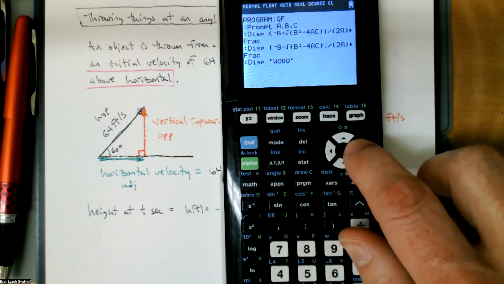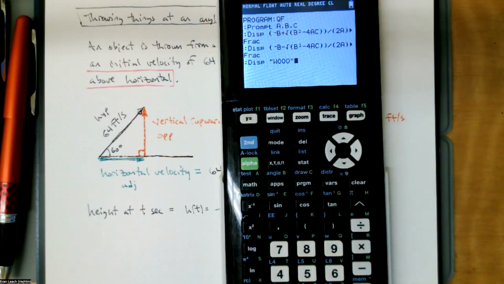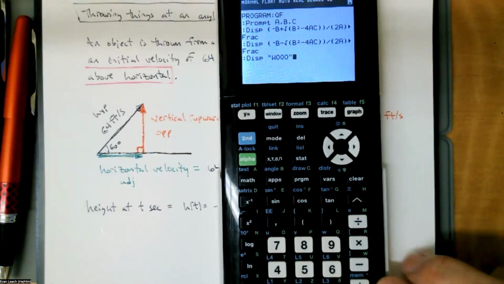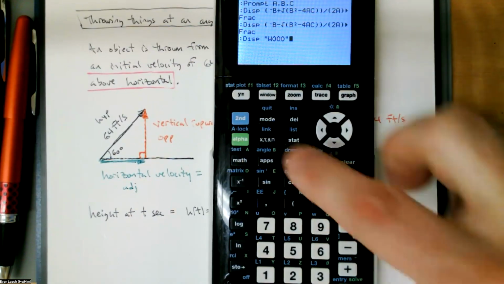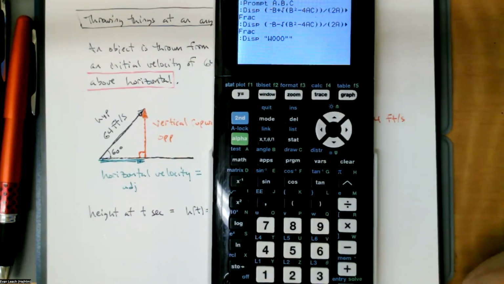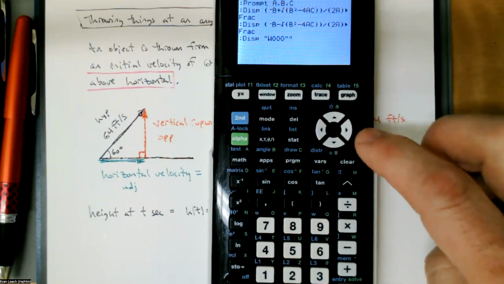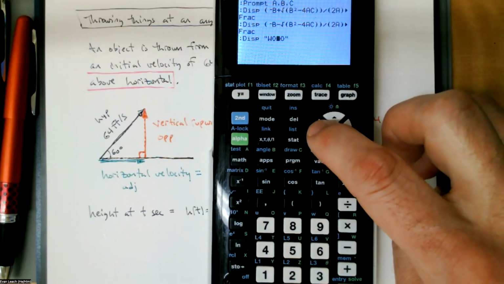You got to put it in quotes. If you wanted to just display some words, you put it in quotes. Quotes are above the plus sign. And it's in green, so alpha, quotes. And then you can type your message here.